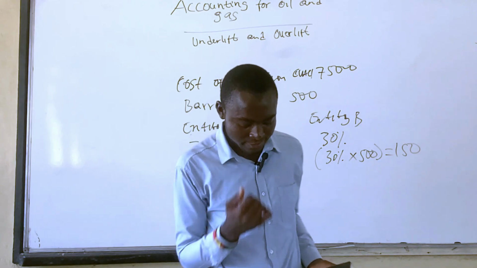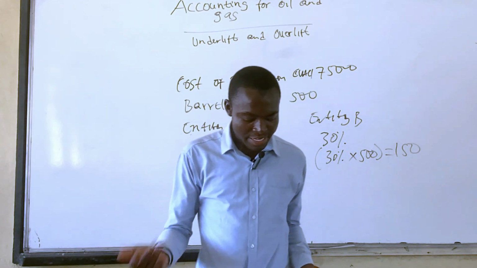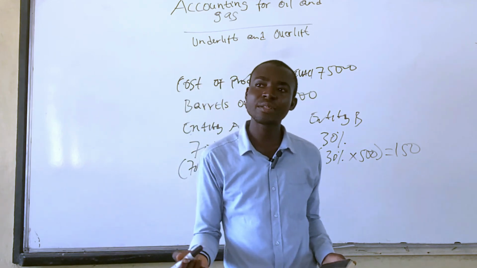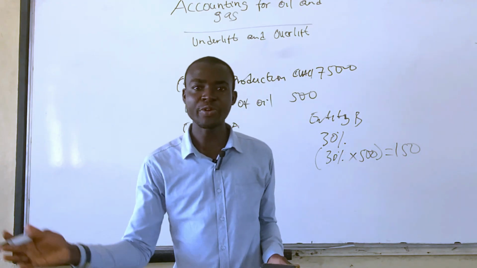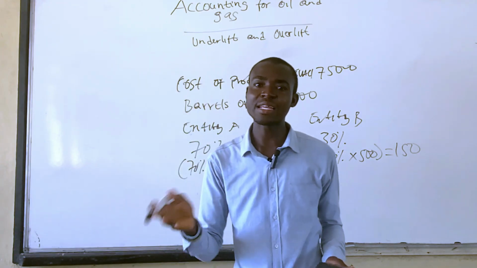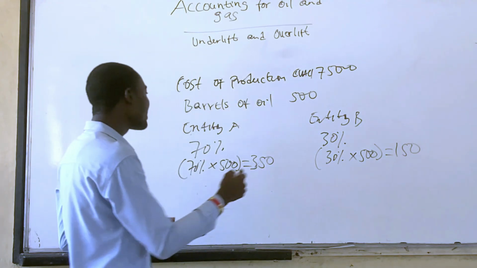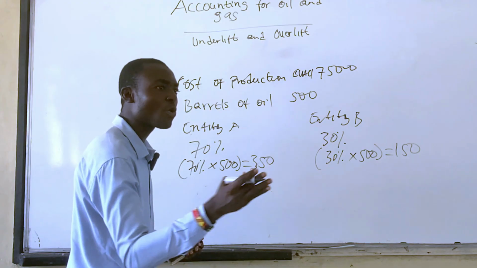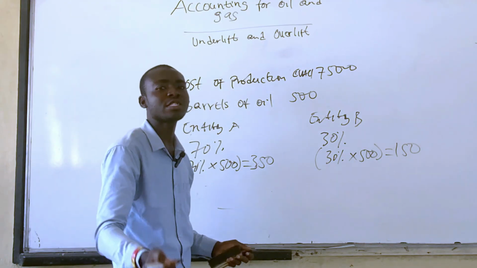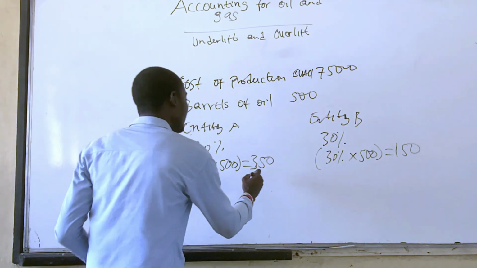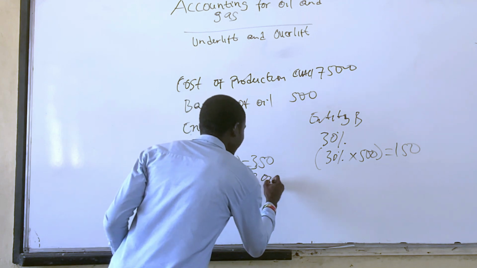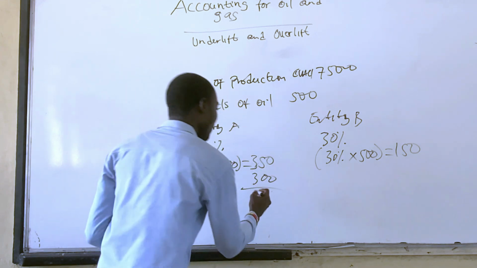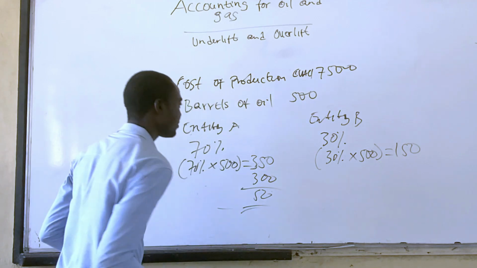But according to the question, at the end of the year, entity A has taken only 300, and entity B has taken 200. So it means entity A will become the underlifter because it has taken less than what it's supposed to be taking. Since it has taken 300, there is an underlift of 50 barrels.